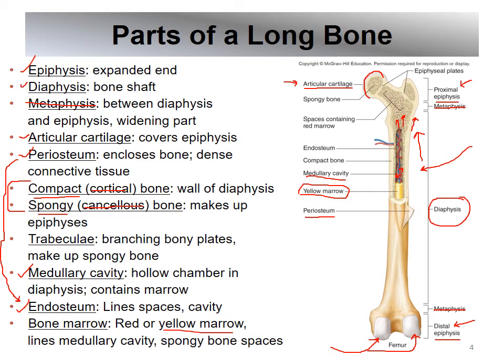Now, the last couple here, this trabeculae and then the red bone marrow, these are both associated with the spongy bone. All right, so like it says here, all of this in here, and this arrow not only points to this, it's kind of pointing to all of this area inside the epiphysis is called spongy bone.